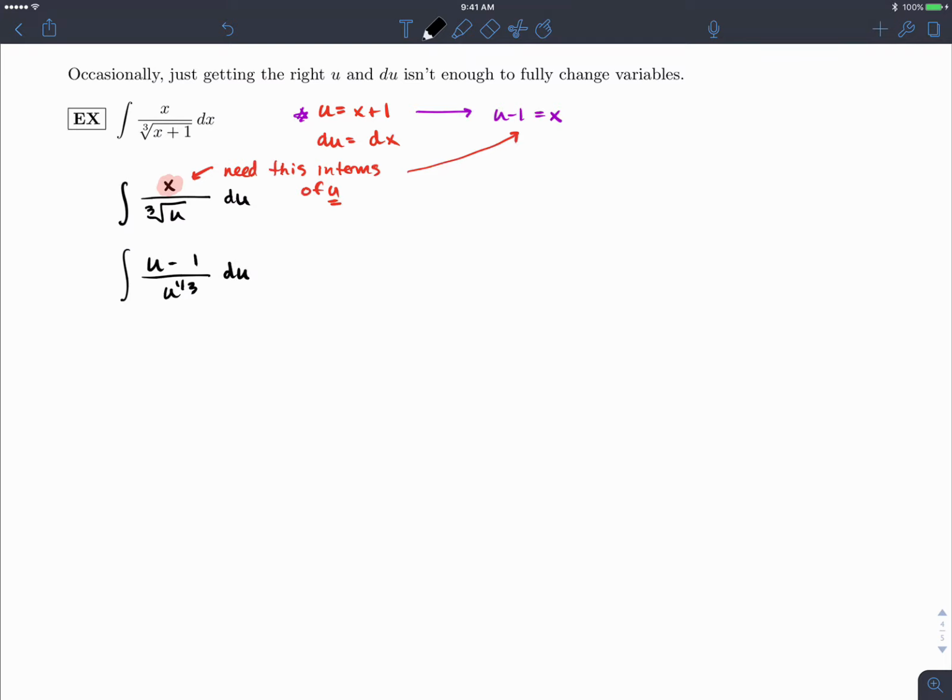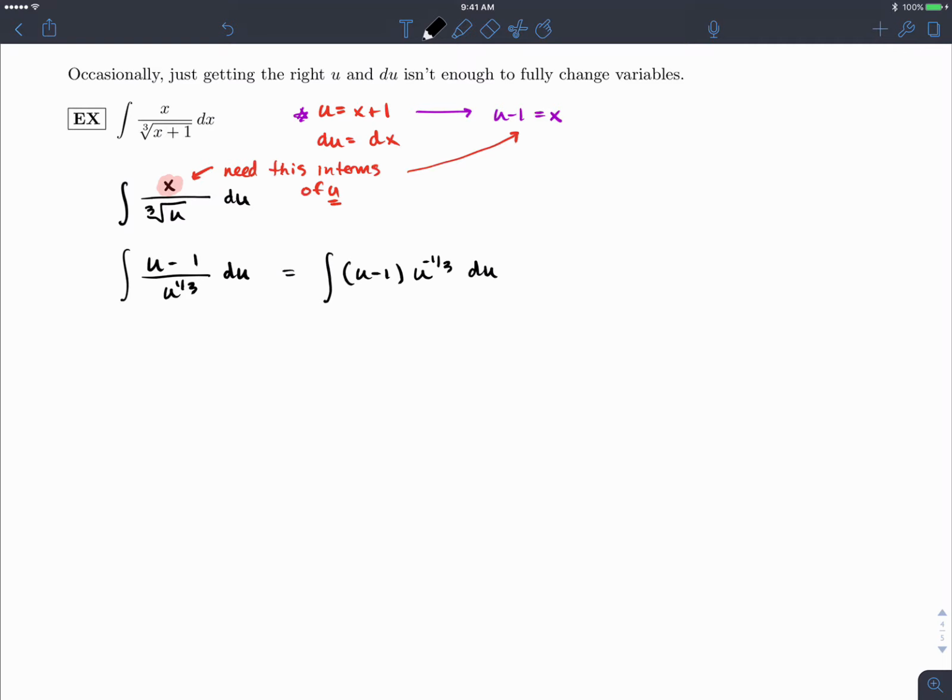Okay, now we've successfully removed all of our x's and dx's, but even still you might be looking at this and saying, well, I don't know how to integrate this. So the trick to this one, there's a couple ways you could do this, but what I would have you first consider is dividing by u to the 1/3 is the same as multiplying by its reciprocal, or u to the negative 1/3.